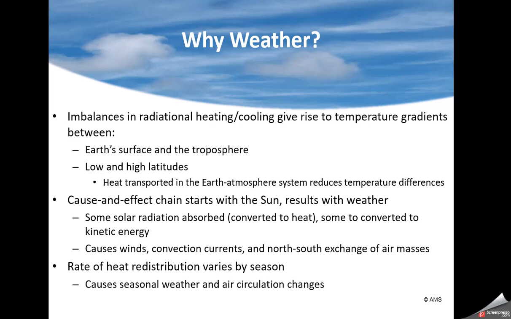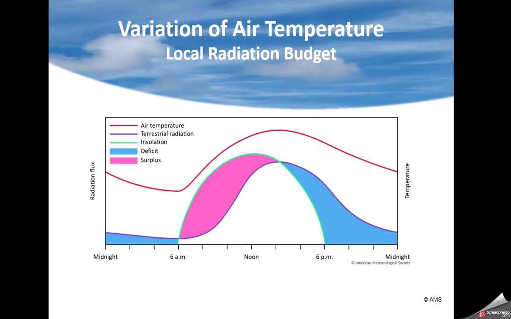So the weather is caused by these imbalances of temperature. That is why the atmosphere is constantly trying to get rid of this imbalance. And you can see it. Look at the terrestrial radiation. Right about 4 o'clock in the afternoon or so, it all of a sudden transfers away: more infrared radiation is leaving than is arriving from the sun.